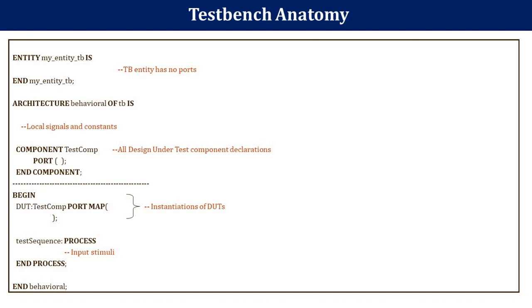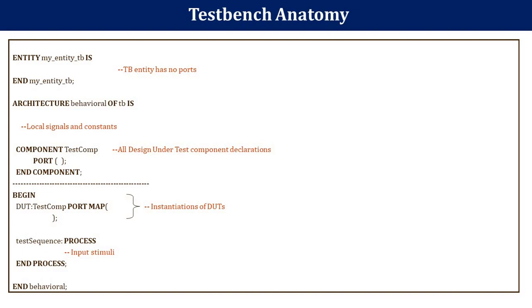After that, write the architecture. Here we have written the name of the architecture as behavior of, and the name of the entity is tb. Then you have to declare the local signals and constants which are used inside your test bench.